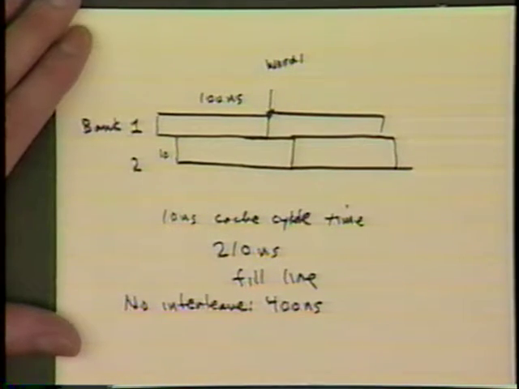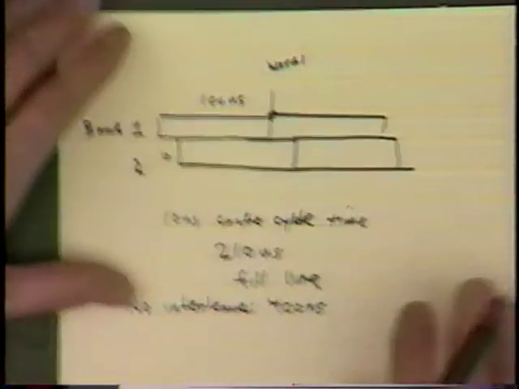So it's not quite as good as making it twice as wide, but it means that the cache is only 32 bits wide instead of 64 bits wide. I guess I've said everything we need to say there. Questions about that?